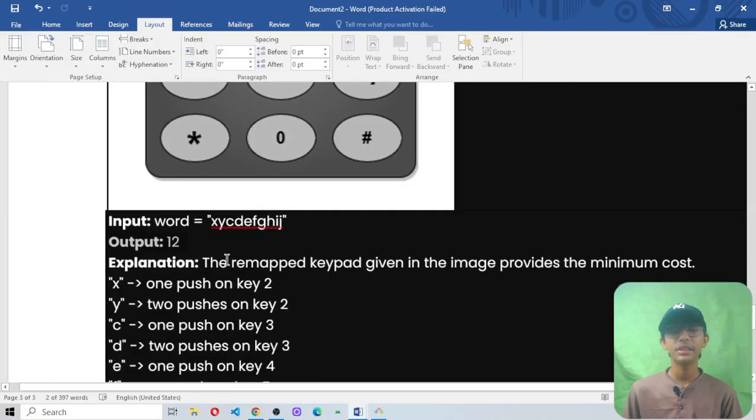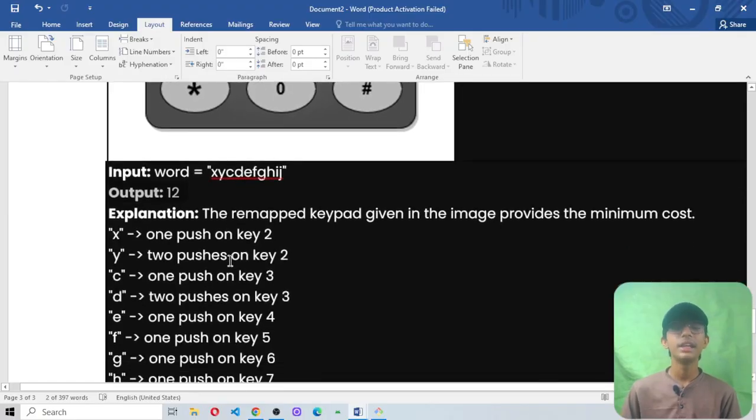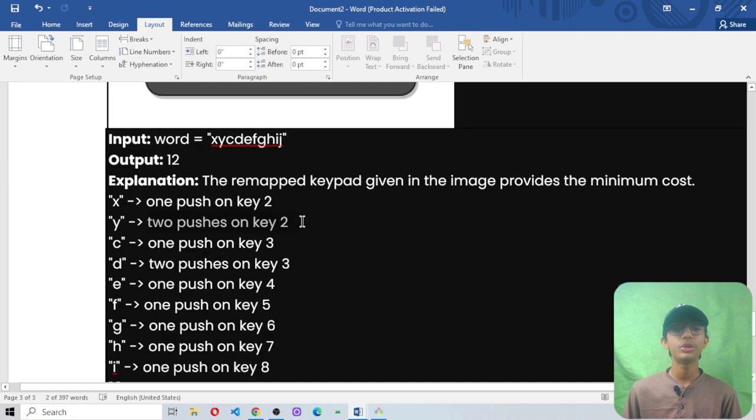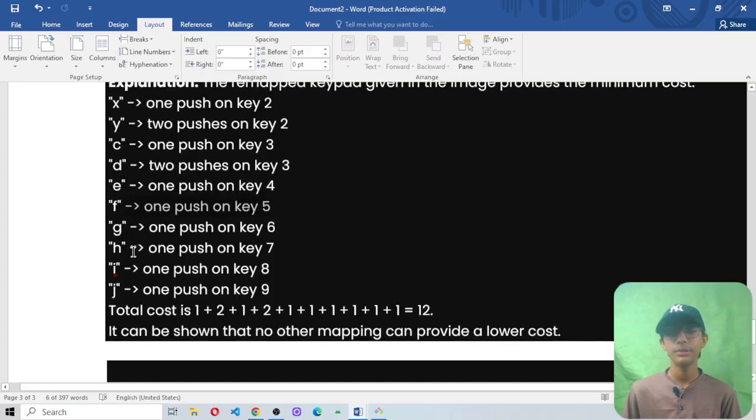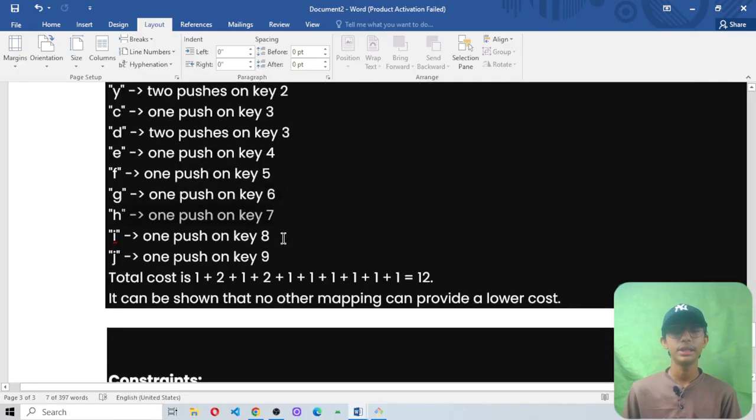Why? Because the remapped keypad given in the image provides the minimum cost: X, one push on key 2; Y, two pushes on key 2; C, one push on key 3; D, two pushes on key 3; E, one push on key 4; F, one push on key 5; G, one push on key 6; H, one push on key 7; I, one push on key 8; and J, one push on key 9.